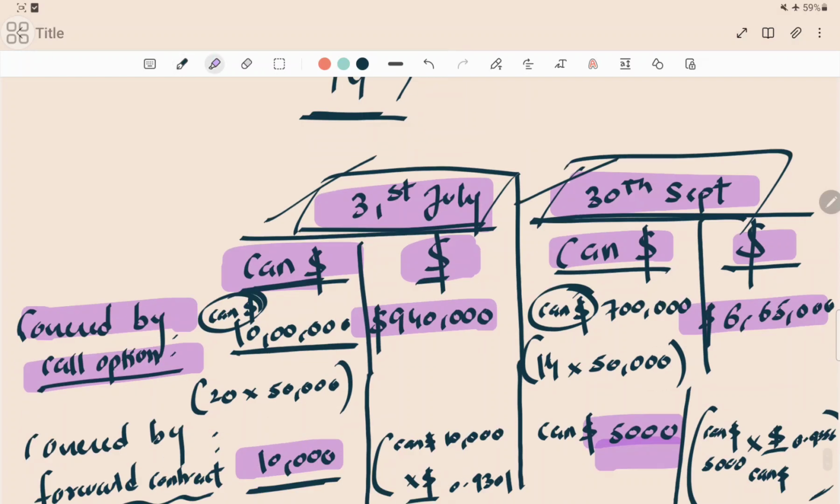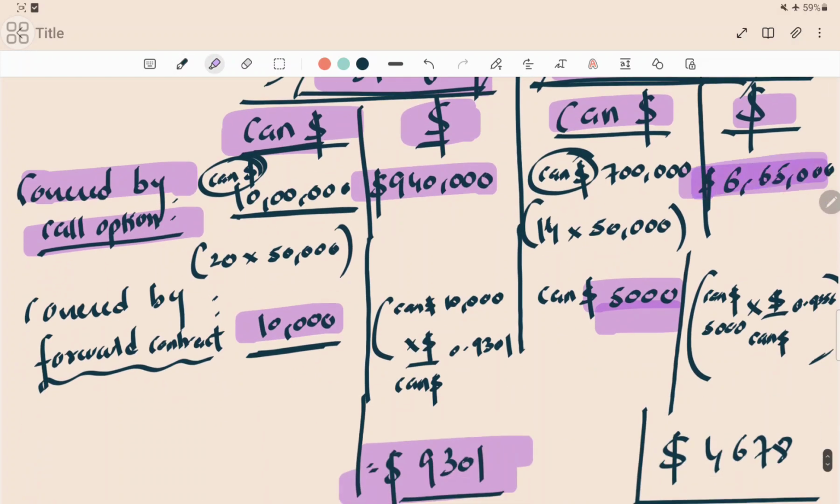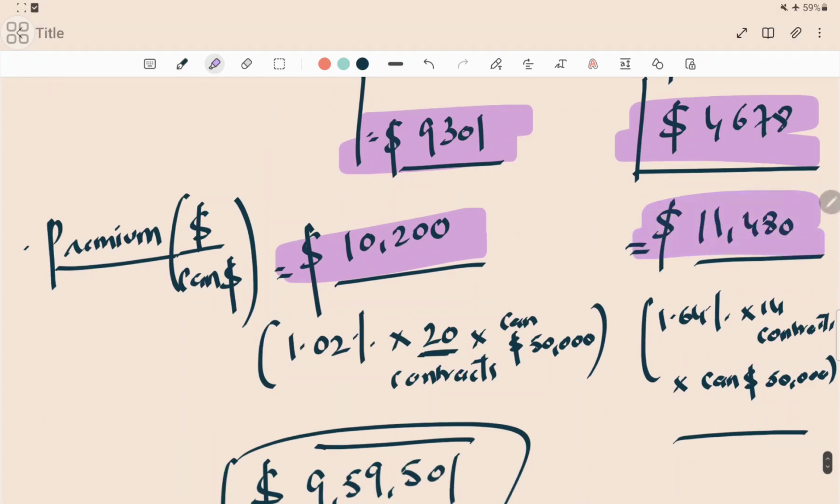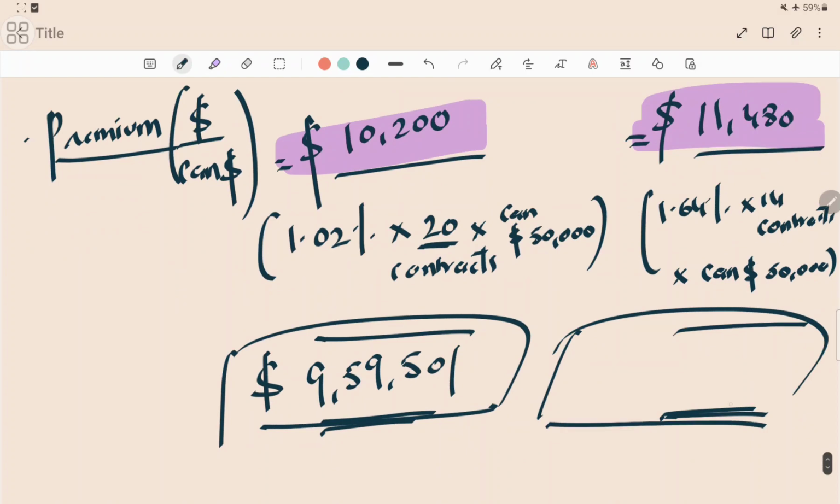The first one is the 6,65,000 and 4,678, the balance which is hedged through a forward contract. So plus 4,678 plus the premium as well, plus 11,480. This comes up to 6,81,158 what? Dollars. Correct? Dollars.